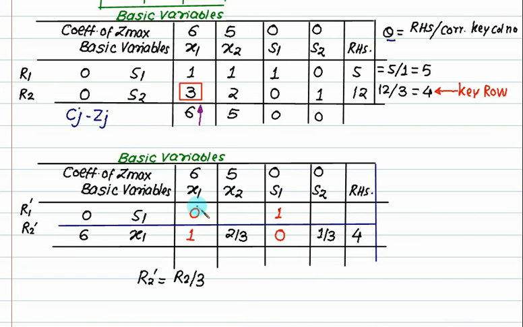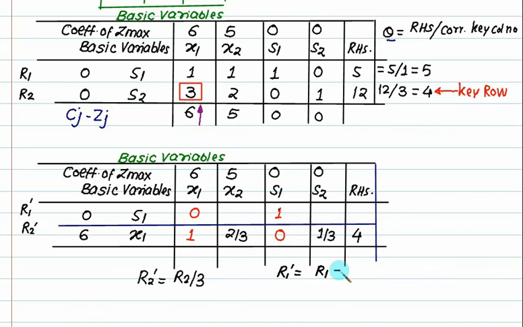Now, is this number compulsorily 0? How do you get this 0? What was the previous number? 1. So you have to write down R1 dash. How you compute this number is R1, that is this number 1. But what is this number, 0.